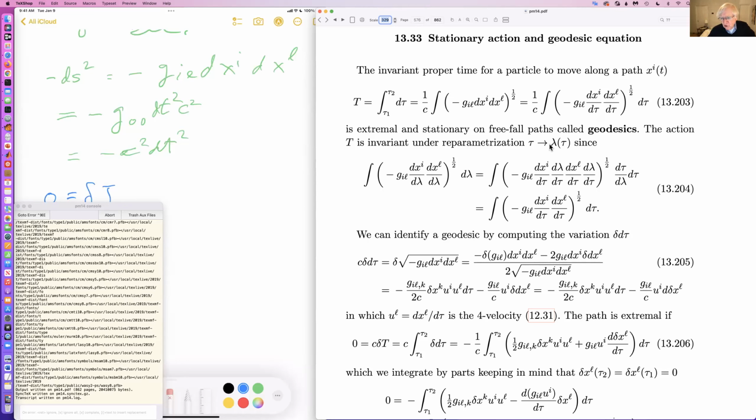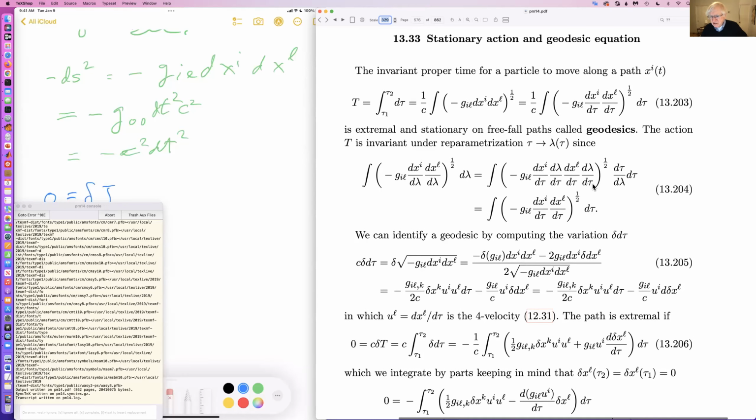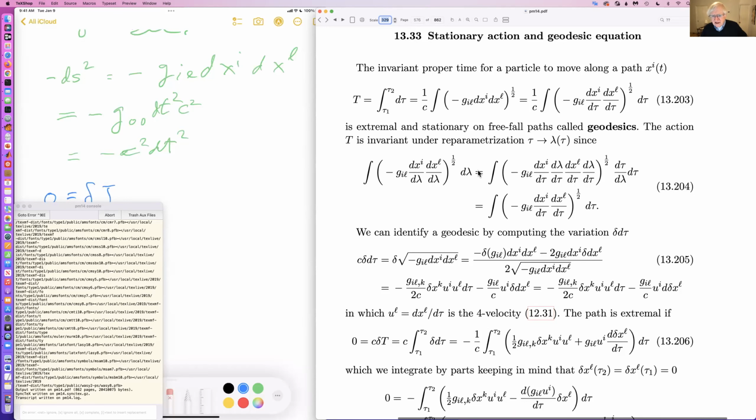If we change from tau to lambda of tau, then what we have is this, but d/d lambda is just d/d tau times d tau/d lambda, and d/d lambda here is dx^j/d tau times d tau/d lambda. And on the other hand, d lambda is d tau times d lambda. I'm sorry, that's backwards.